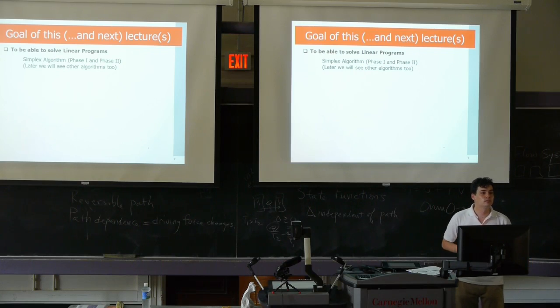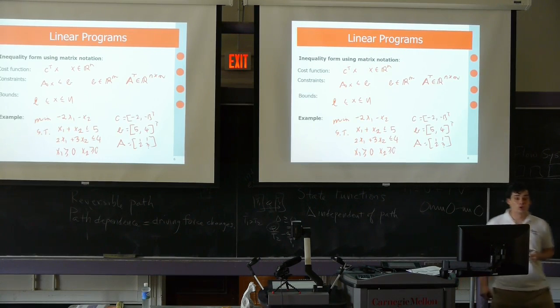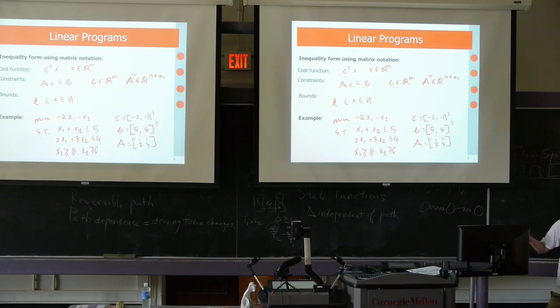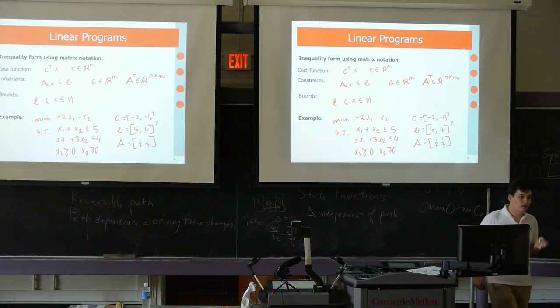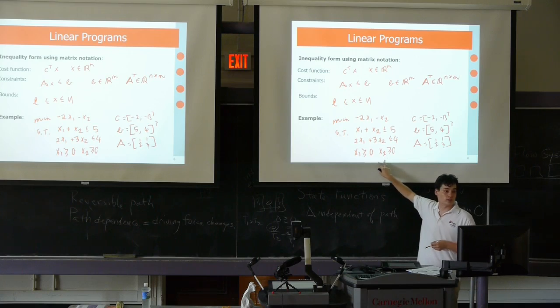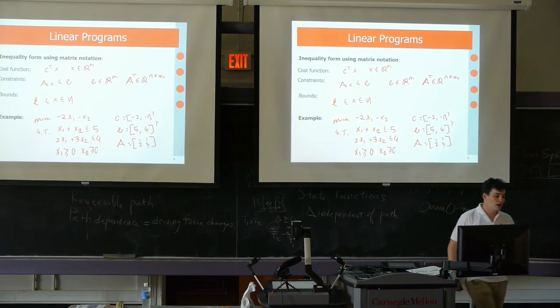Going back to the previous slide, is there any reason to distinguish between constraints and bounds? Couldn't you write all those as constraints? A very good point. So just to define the problem, there's no difference, right? But for the algorithm that we will use, it will be important that x1 and x2 will always be non-negative.